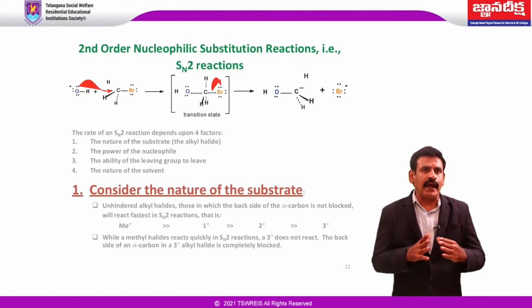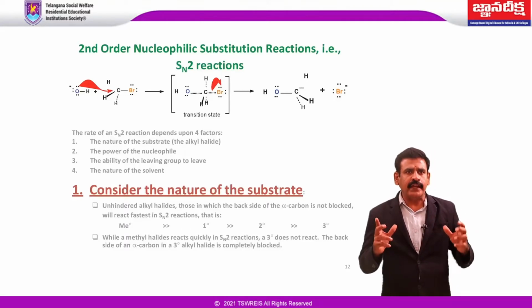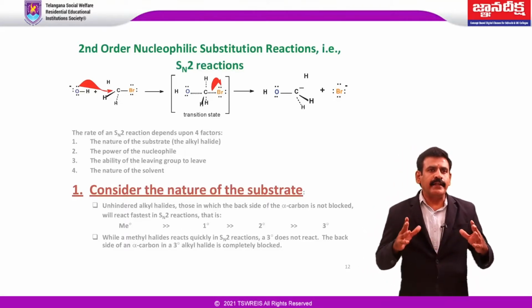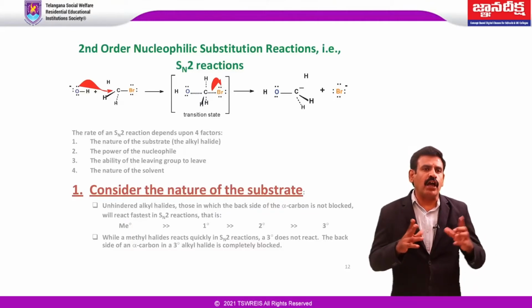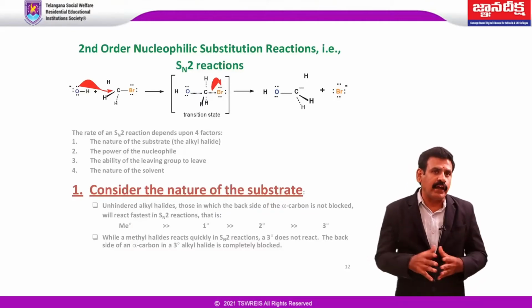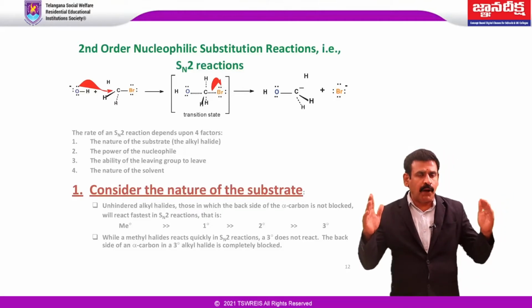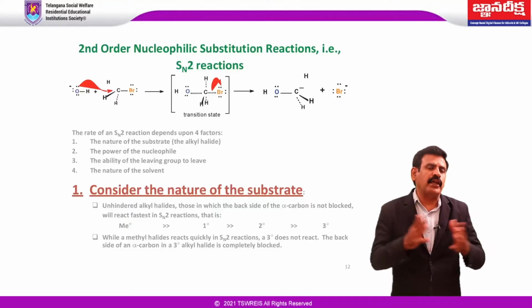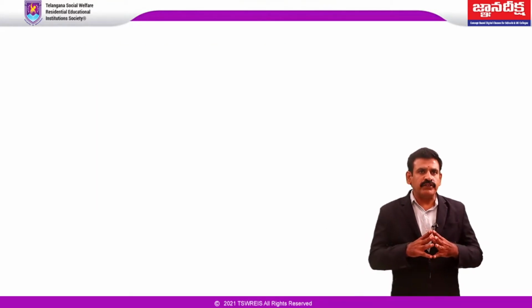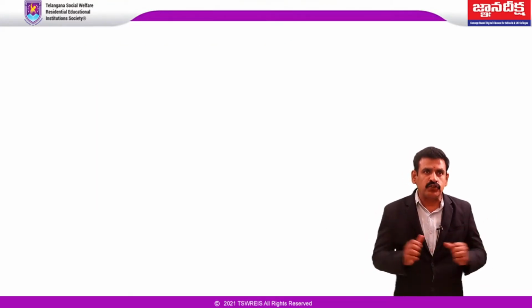While methyl halides react quickly in SN2 reactions, a tertiary halide does not react. The backside of the alpha carbon in a tertiary alkyl halide is completely blocked by bulky groups, that is, methyl groups. This is the effect of the nature of the substrate on the rate of SN2 reaction.